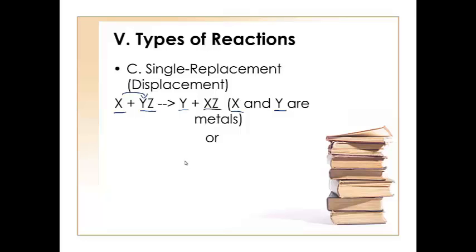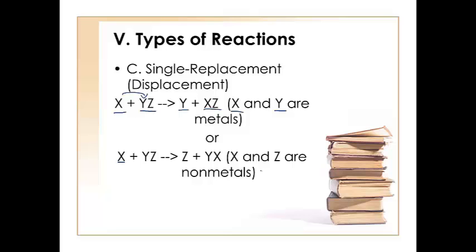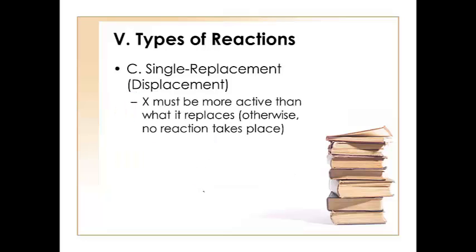Or if X is a non-metal, then it's going to replace the non-metallic element in the compound here. And this, the Z, becomes your new non-metal, your new pure element, and X becomes basically an anion in this compound here.